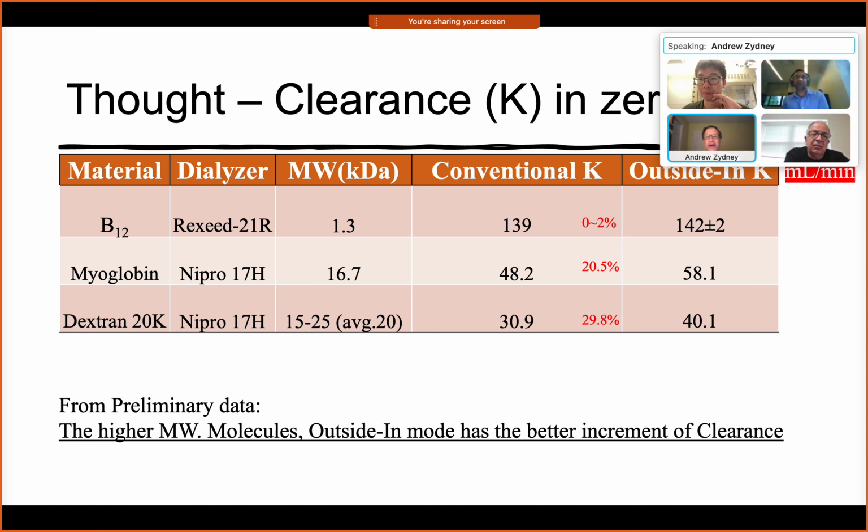Obviously, when you run with positive ultrafiltration, you push that crossover point towards the exit of the device. But then you have a significant convective contribution, which will actually make this effect probably even more pronounced as opposed to less pronounced.